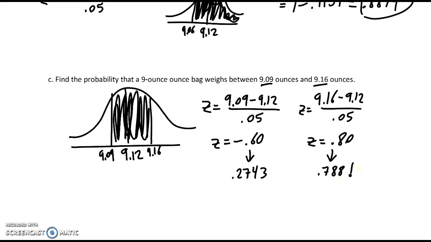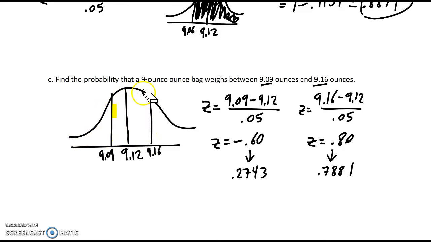Okay, essentially here's what that means, and I want to give you this picture so that you can kind of see it. If I look up 0.80 on the table, that's everything to the left of that z-score. That's 78.81%. That seems pretty reasonable, but unfortunately that's not what I want. I don't want this bottom tail section. I want to get rid of it. I just want this, right?